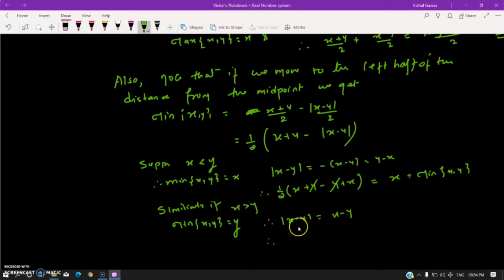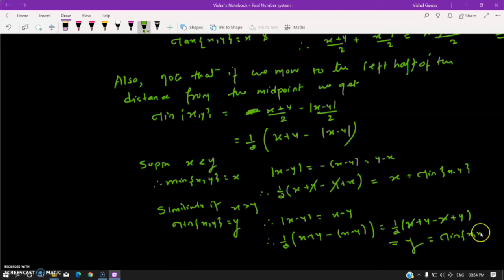Therefore, in this case, half times x plus y minus (x minus y) would be equal to half times x plus y minus x plus y. X would get cancelled. What we are left with is y plus y, that is 2y, that is equal to y, which is the minimum of x and y. Isn't it? So that's the proof.